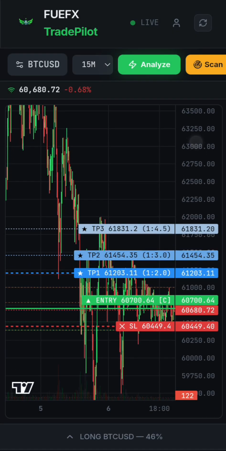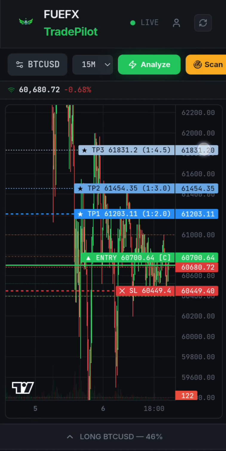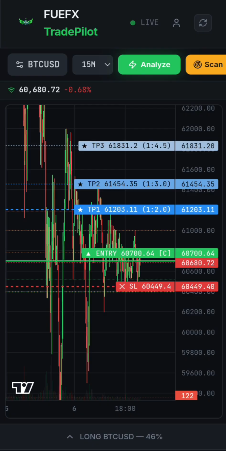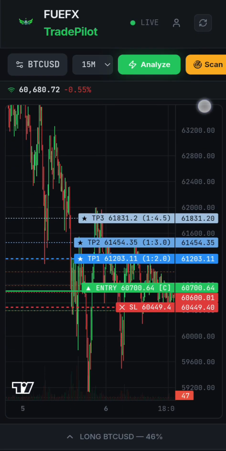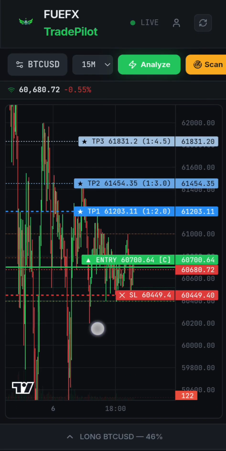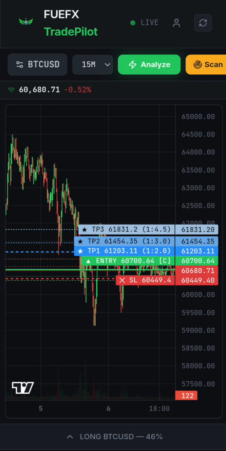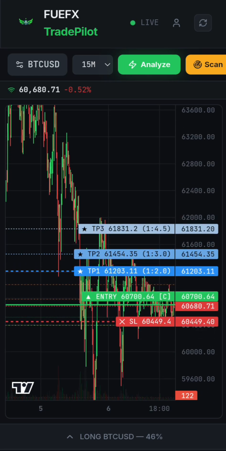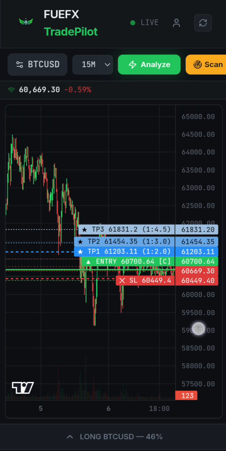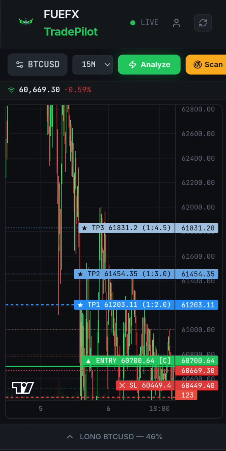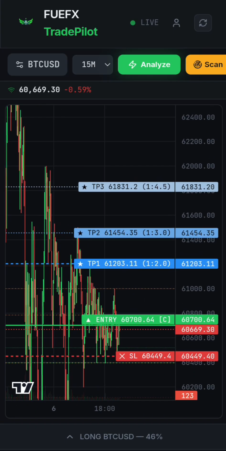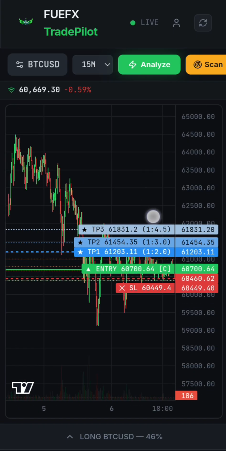On the chart, you can see it has printed the levels, the entry level, the stop loss, and the take profit levels. For instance, if I want to take this trade, maybe after doing my own analysis I found out that this trade setup aligns with my own analysis, I can decide to take the trade, and from here I can monitor the trade setup to know how it is going.